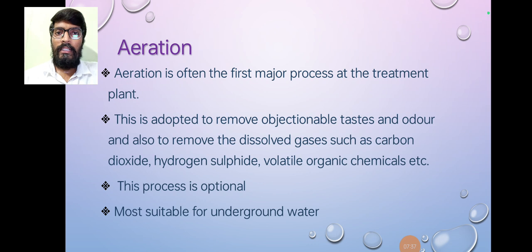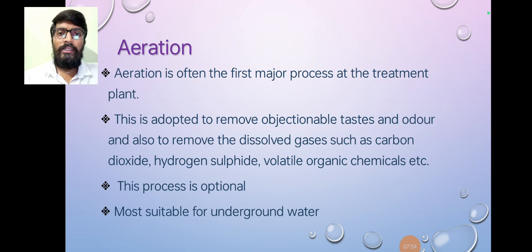Now coming to the second stage, that is aeration. This aeration is often the first major process at the treatment plant. So it is the initial process. This method is optional.